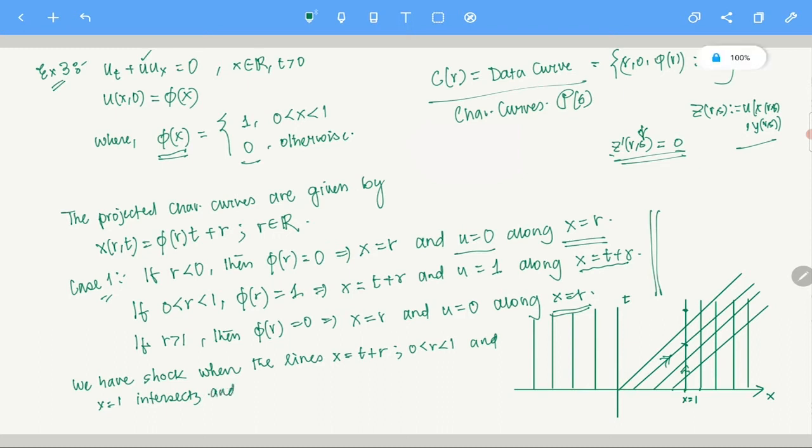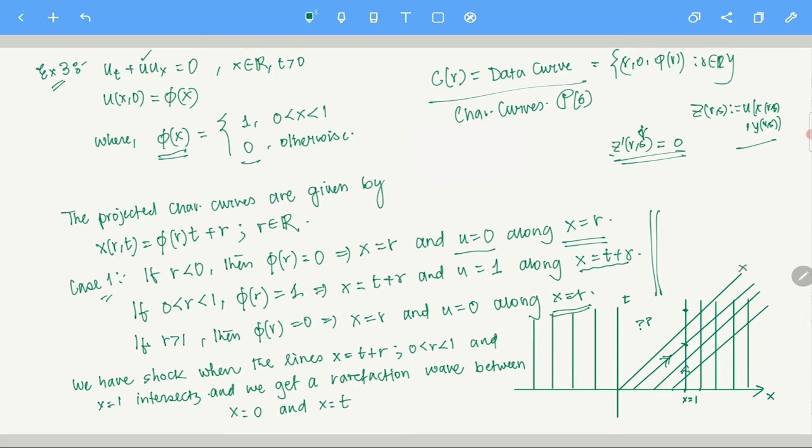And where is the rarefaction wave? See this part, rarefaction. Why? Because as you remember from the earlier thing, here we do not have much information, so here we have a blank region, and there is a rarefaction wave there. We get a rarefaction wave between x equals 0 and x equals t.